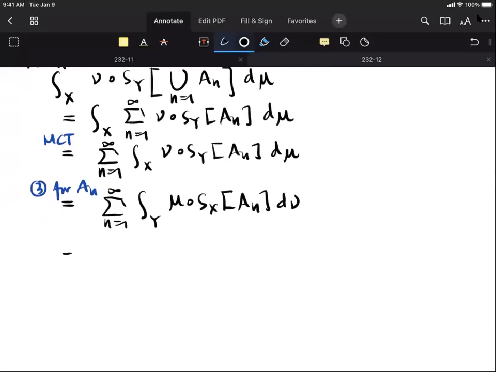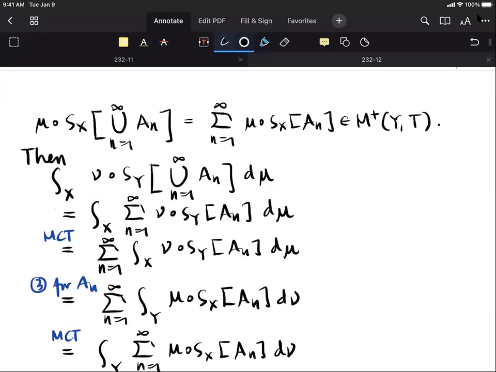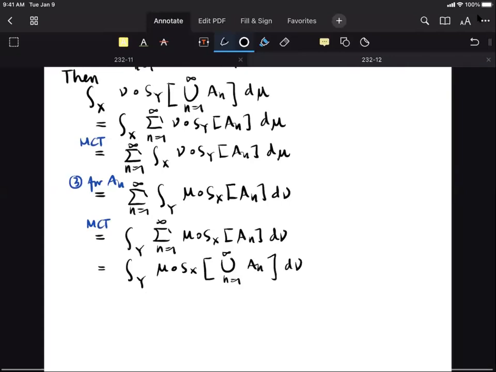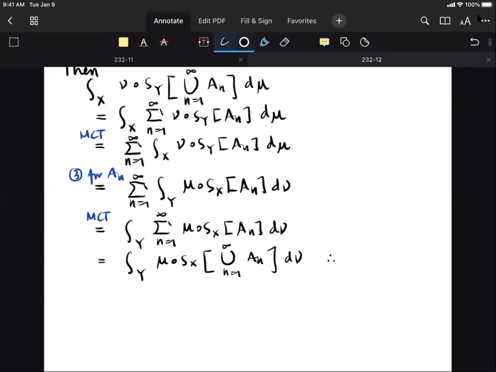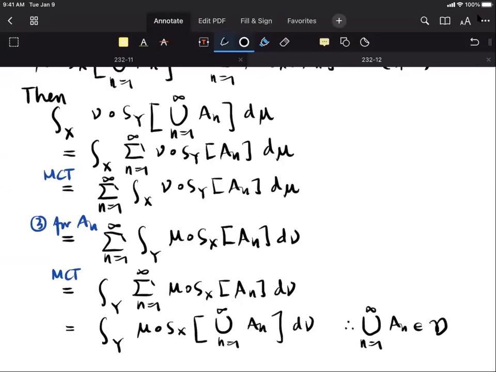And once again, you go backwards, you apply the monotone convergence theorem, and then applying this identity, and according to these calculations, we can now conclude that therefore the union of an is in D, since this establishes the required third property.